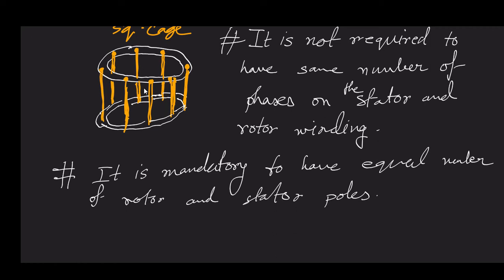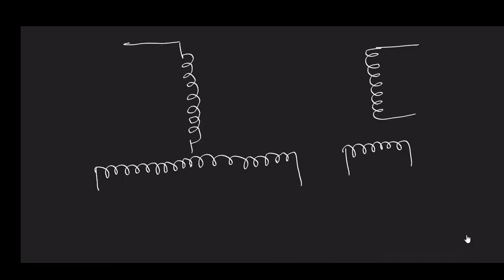Even if you are not getting it, let me try to give you a transformer analogy. Just a minute, let me complete. So this was the diagram for our Scott connection.